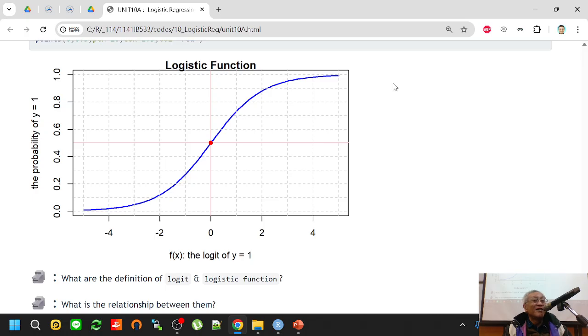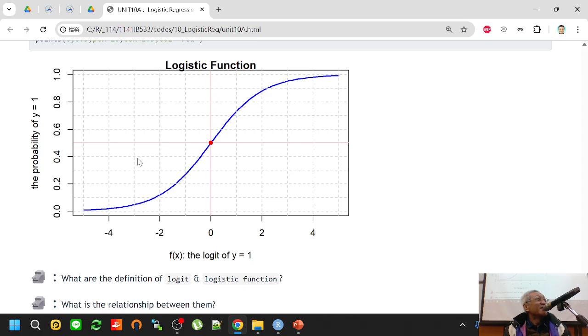And how about when the logit equals 0? If the logit equals 0, what is the probability? Anyone? Yeah, 0.5.